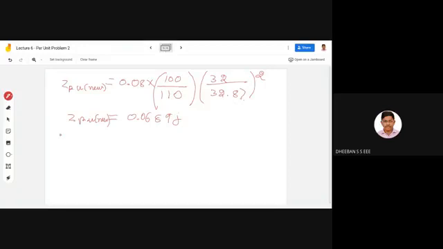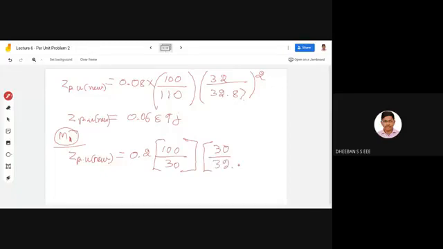Now we'll be going with respect to motor 1. M1: Z per unit new equal to 0.2 into base MVA 100 divided by 30. This is the power rating they have given for your motor 1, into 30 divided by 33. Here we are rounding off, or you can also have it as 32.87.